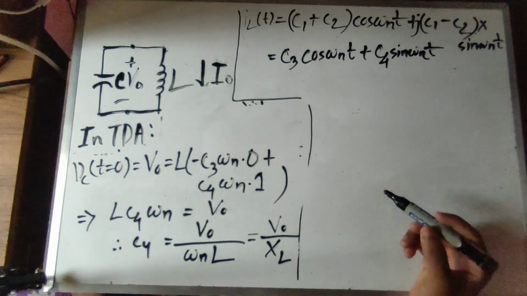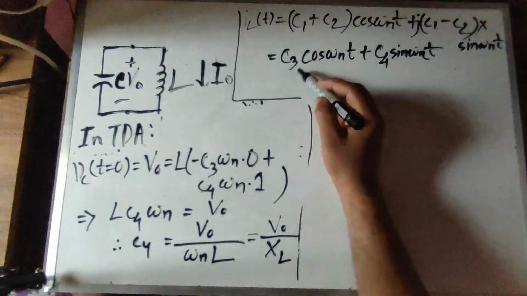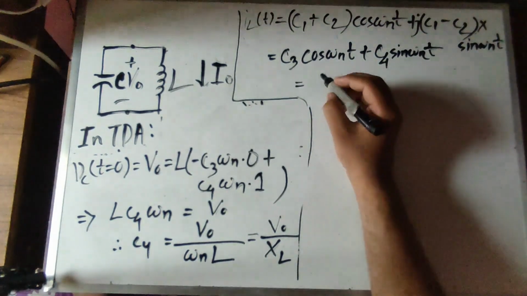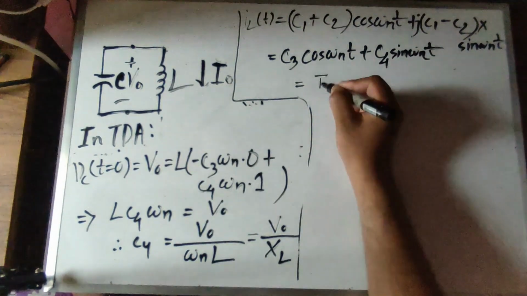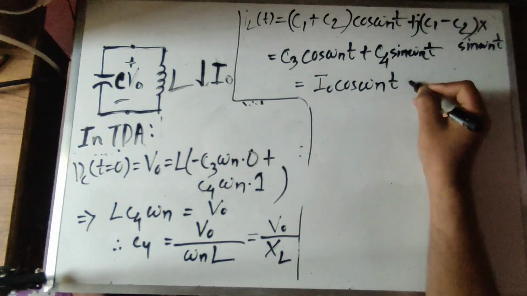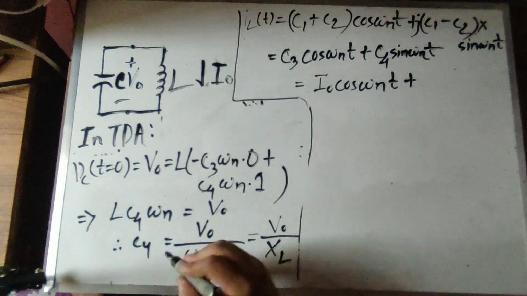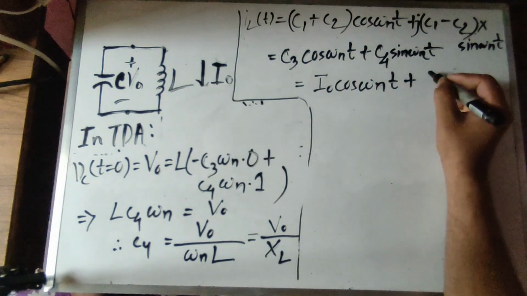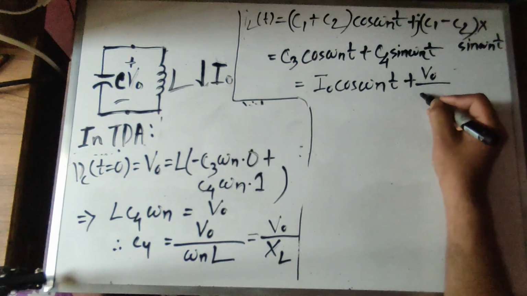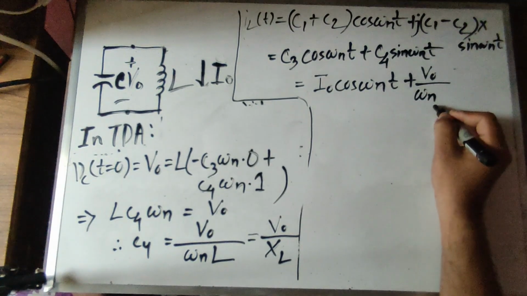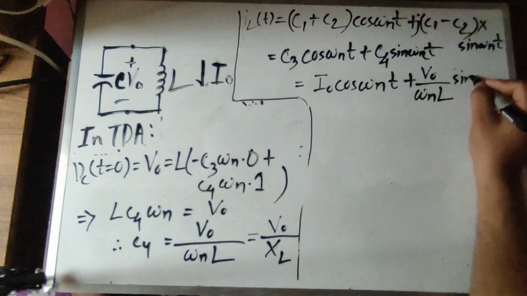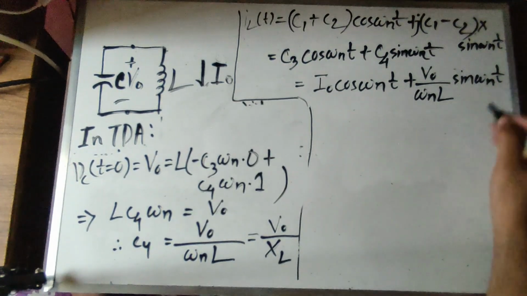Now that we have found our arbitrary constants, the circuit response in current is C3, which is I0, cos omega nt, plus, this is plus, there's no minus term, C4, which is V0, the initial voltage across the capacitor, over omega n, the undamped natural frequency, L, sin omega nt.